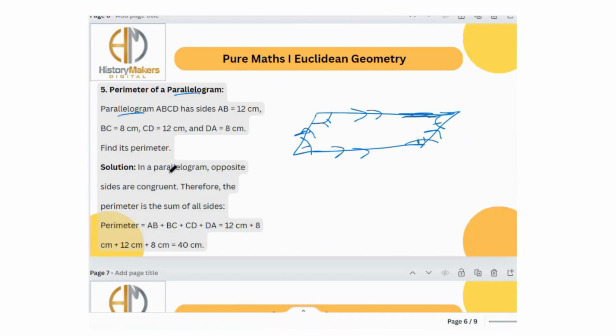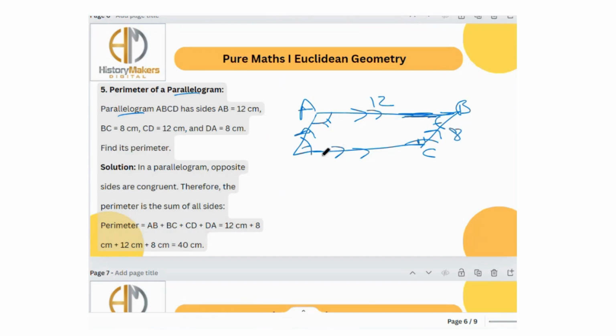They say find the perimeter. So in the perimeter, you have your A, B, C, D, the shape that's been given. So you got your A, then you know that AB, the longer side, is 12. And then you got C, BC, been given as 8.